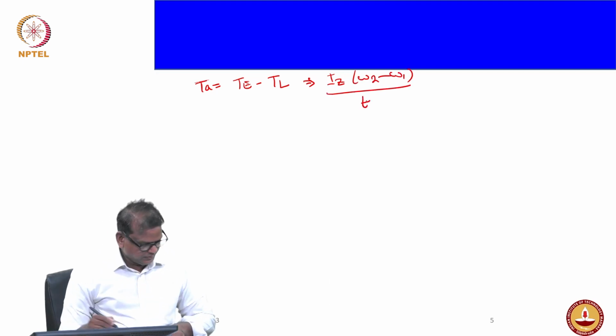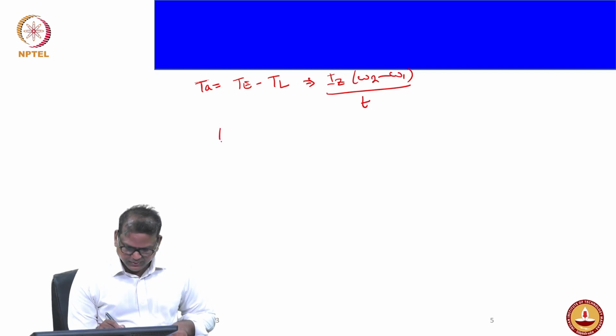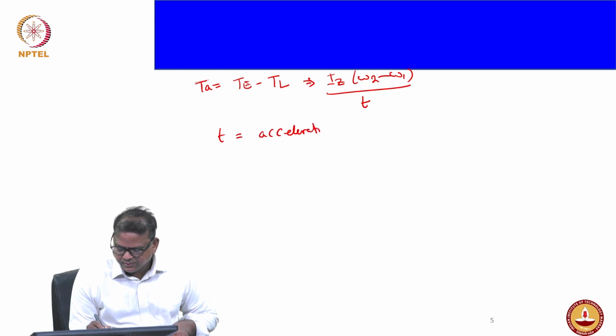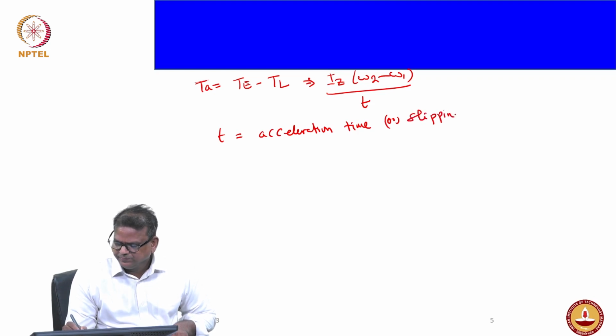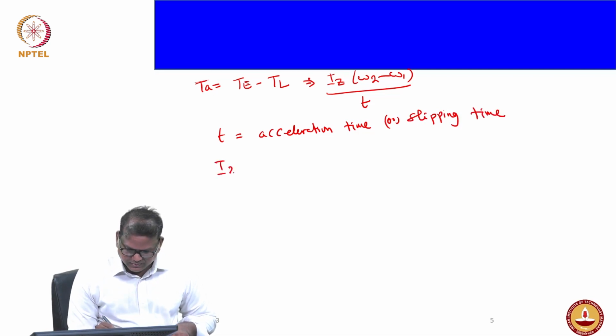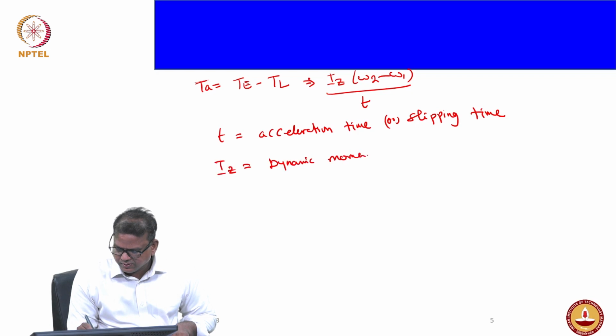Where I'll explain: t is the acceleration time or slipping time. I is the dynamic moment of inertia. Normal moment of inertia is different.